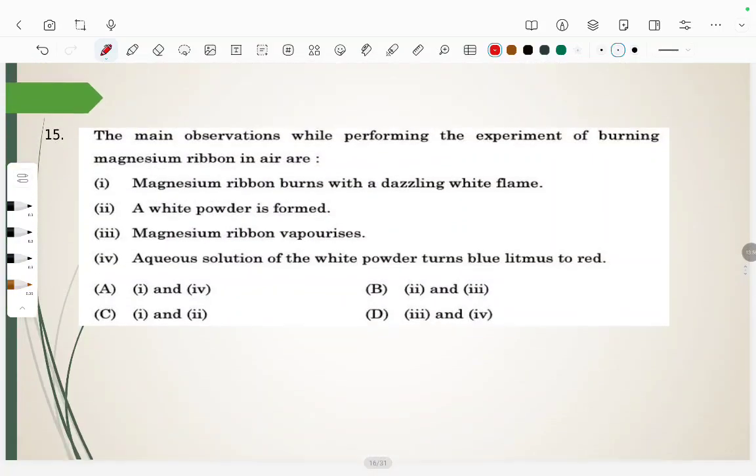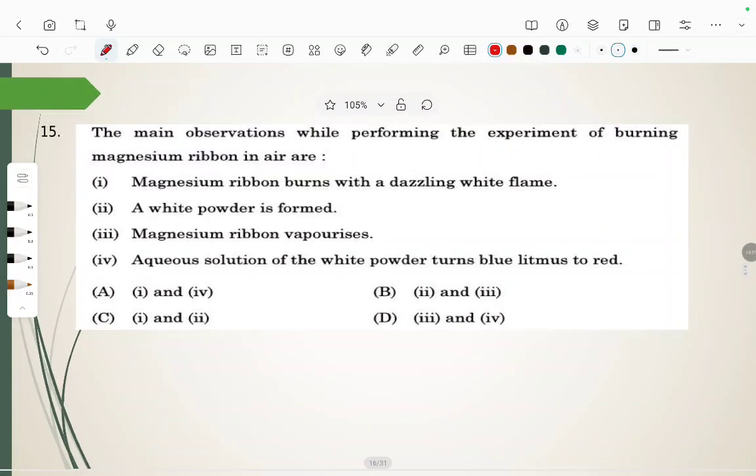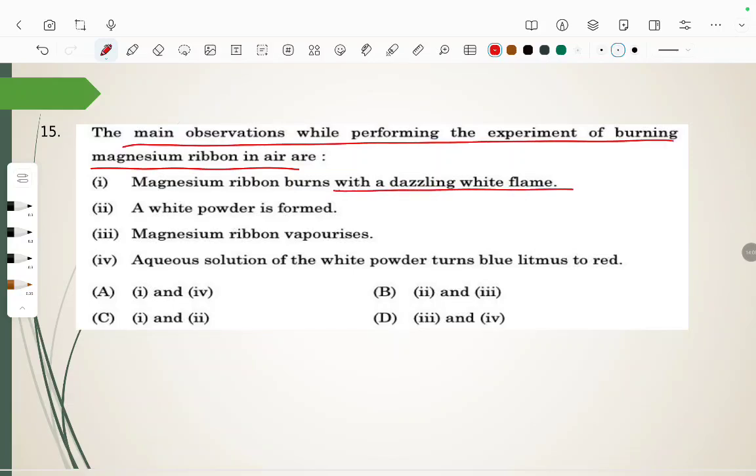Next is the main observations while performing the experiment of burning magnesium ribbon. Magnesium ribbon burns with dazzling white flame. All the students know that. Absolutely correct. White powder is formed. Yes, MgO. When Mg and O2, magnesium and oxygen, react, they form magnesium oxide.